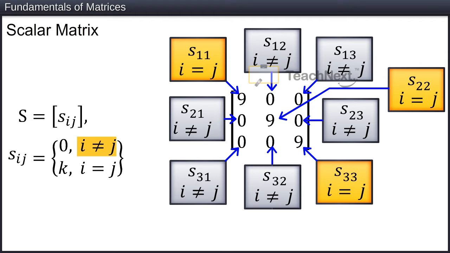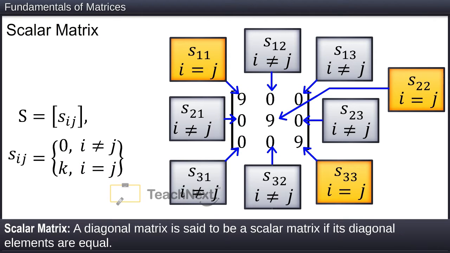This means that for i not equal to j, the element is 0. And for i equal to j, the element is a non-zero number k. A diagonal matrix is said to be a scalar matrix if its diagonal elements are equal.